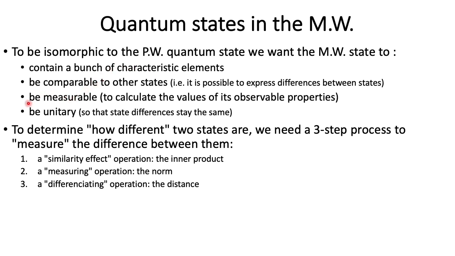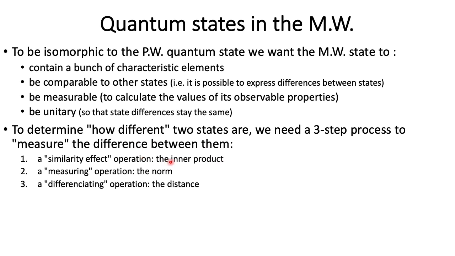One thing which is a bit more tricky is to measure things. And for that, we want to determine how different two states are. And we will need a three-step process for that. The first thing is to define an inner product. We'll see in more detail what that means in a few minutes.